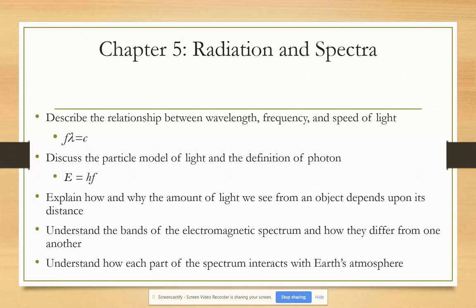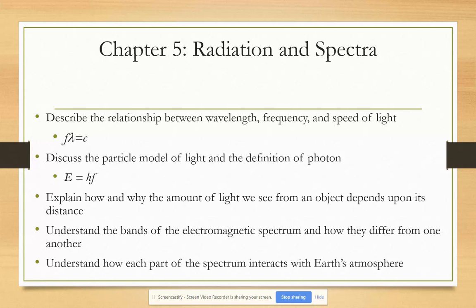More importantly, you need to know what frequency, wavelength, and speed of light are. So frequency has a symbol F. It's the number of cycles per second, the number of times it repeats. We use hertz as the unit. Hertz just means cycles per second, or inverse seconds. Wavelength is the distance for it to repeat. And then the speed of light is a constant if you're in vacuum.